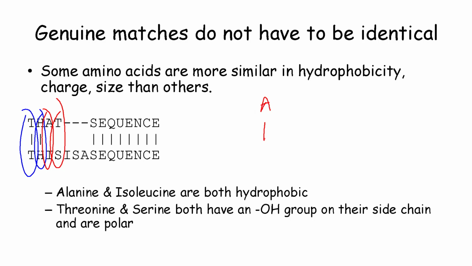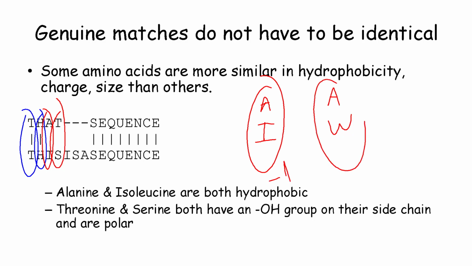A and I are more interchangeable than, say, A and W. We capture the favorability of pairing different amino acids in an alignment in what we call a scoring matrix. A scoring matrix would, for example, say aligning an A with an I has a small penalty of -1, but aligning an A with a W, because they are less compatible, should have a larger penalty of -3.